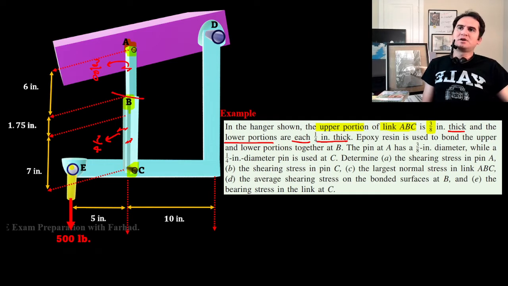There is a connection joint, with a length of 1.75 inches, which connects the upper part to the lower part.